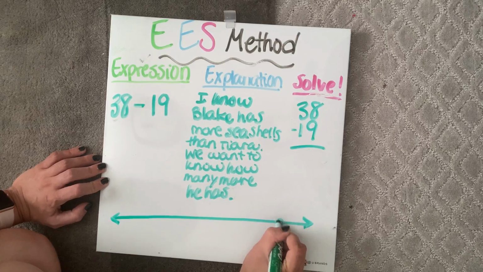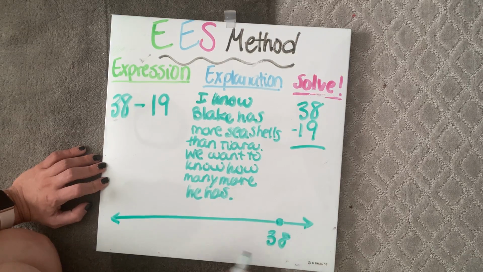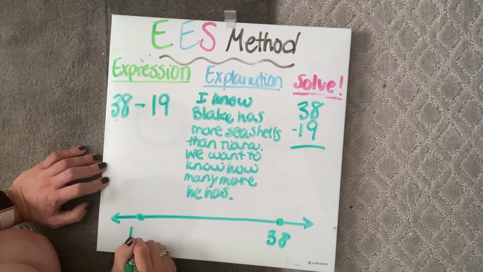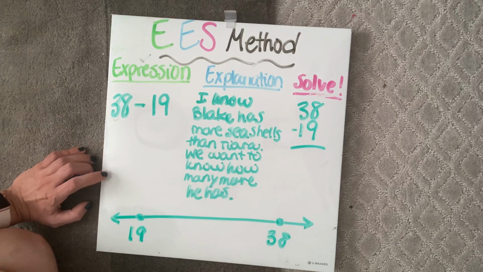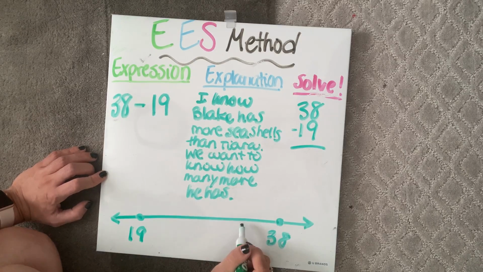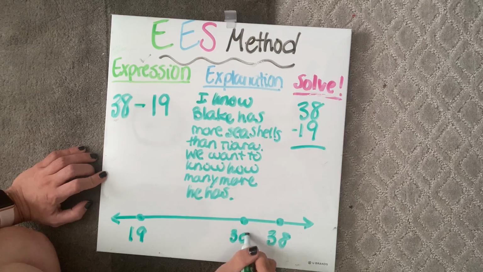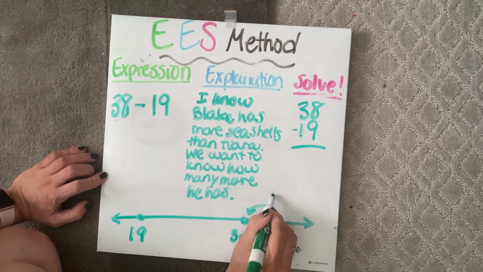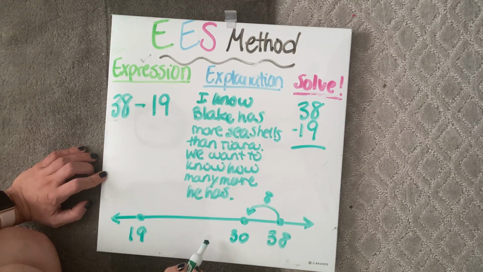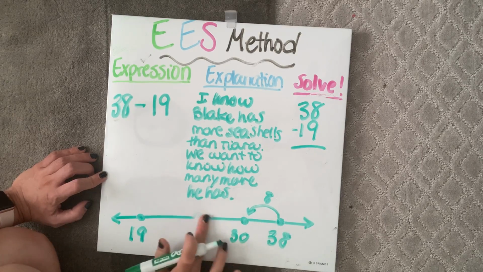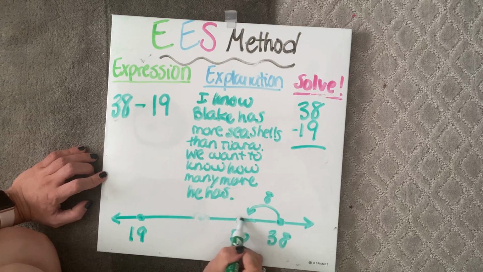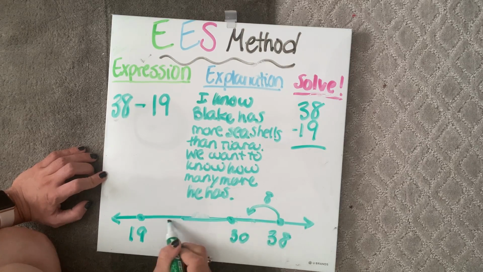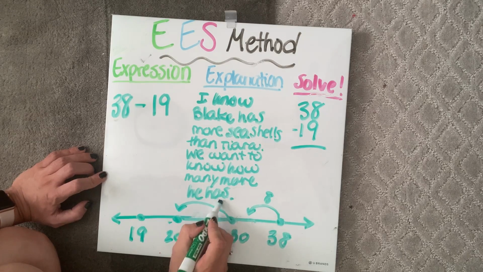So if I'm going to go from 38 and I want to get to 19, all right, well, let's see. I know I can take it back to 30, and that'll be me jumping back 8 spaces. And then I can take it to 20, and that would just be 10.